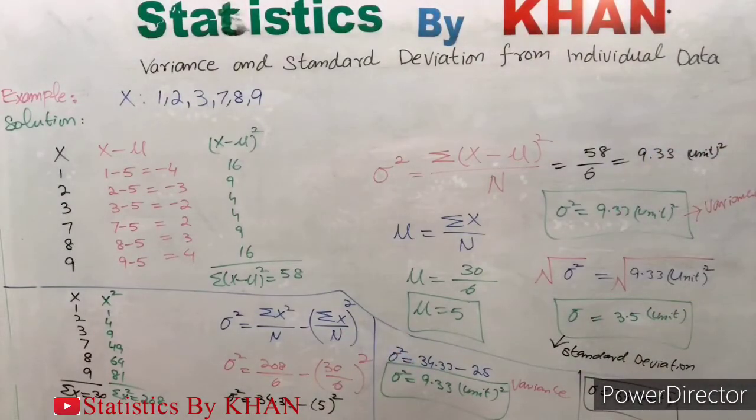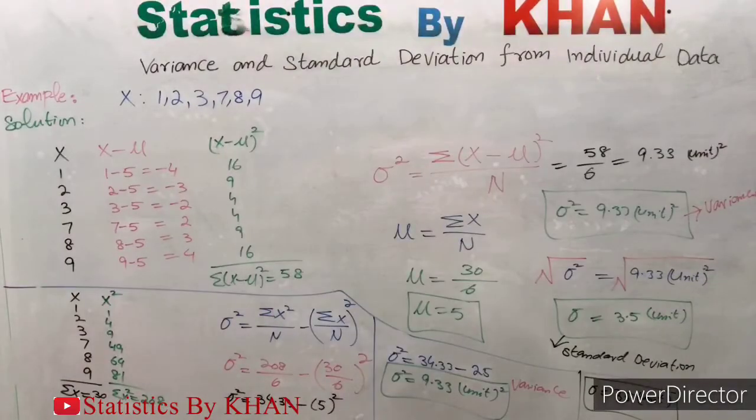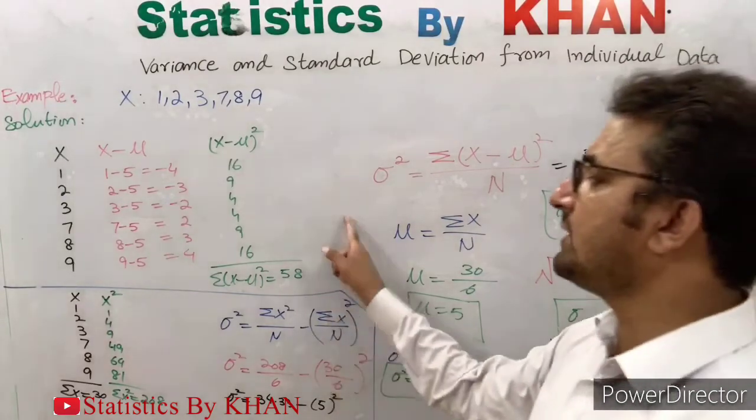So that is why, as I have already told you in the introductory lecture related to variance and standard deviation, the second procedure for the computation of variance or standard deviation is easier. That is why in practice this second procedure is used frequently. Now one point to note is that whenever you are computing variance or standard deviation, you should follow only one of the procedures, either the first one or the second one.